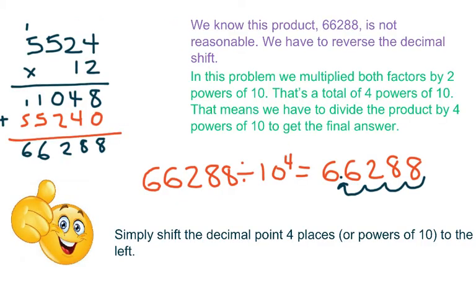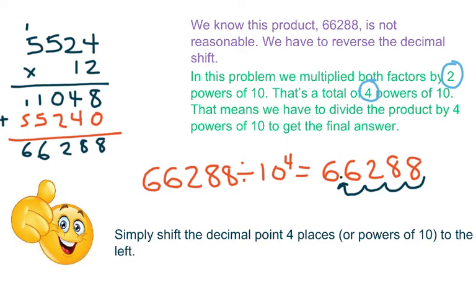We know this product, 6,288, is not reasonable. We have to reverse the decimal shift. In this problem, we multiplied both factors by 2 powers of 10. That's a total of 4 powers of 10. That means we have to divide the product by 4 powers of 10 to get the final answer.